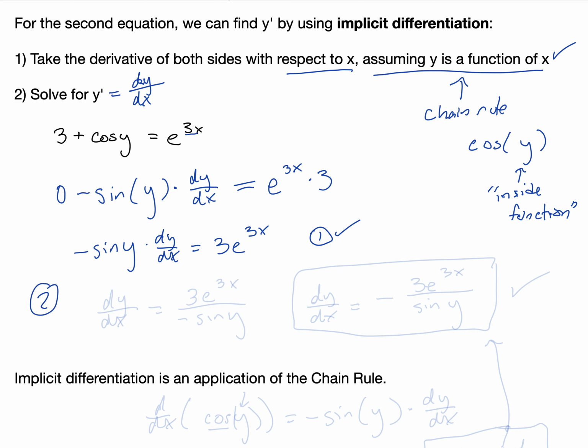We can solve for y prime, or solve for dy dx. We've got negative sine y times dy dx. To get dy dx by itself, we can divide both sides by negative sine of y, and we'll have dy dx equal to 3e to the 3x divided by negative sine of y, or dy dx equals negative 3e to the 3x over sine of y.